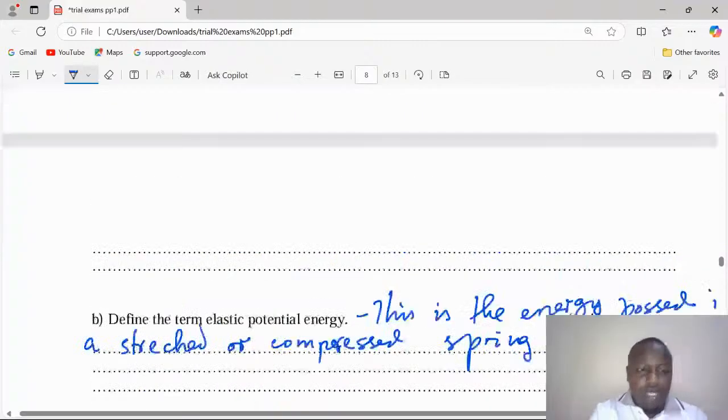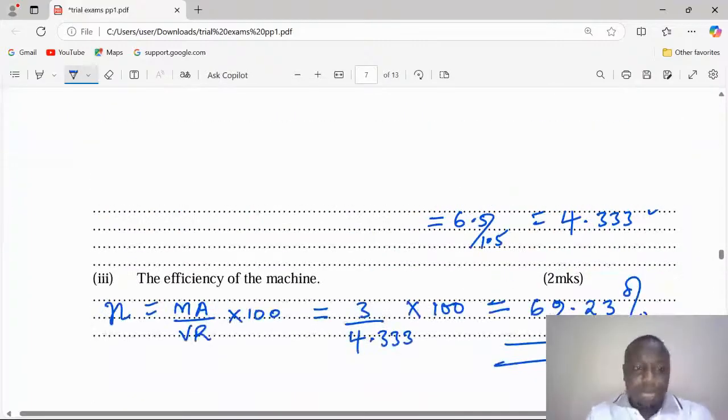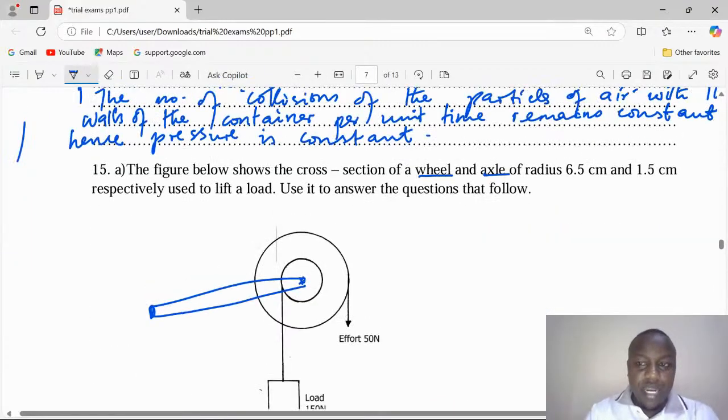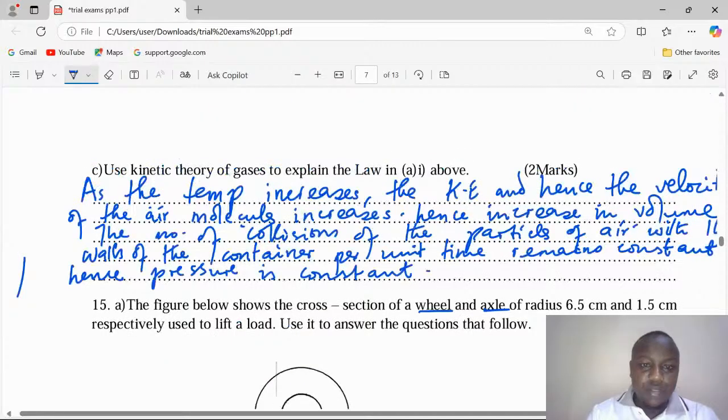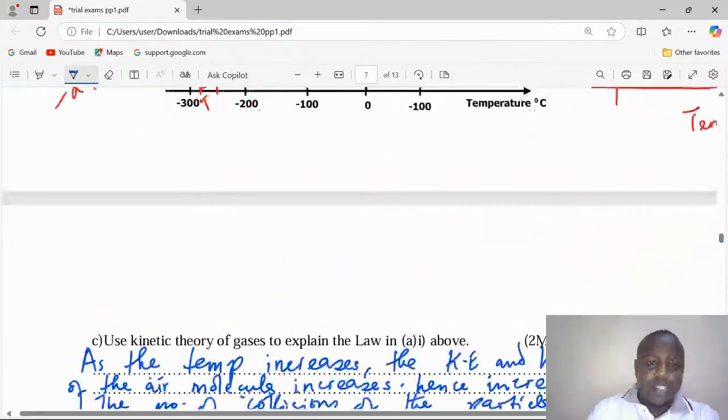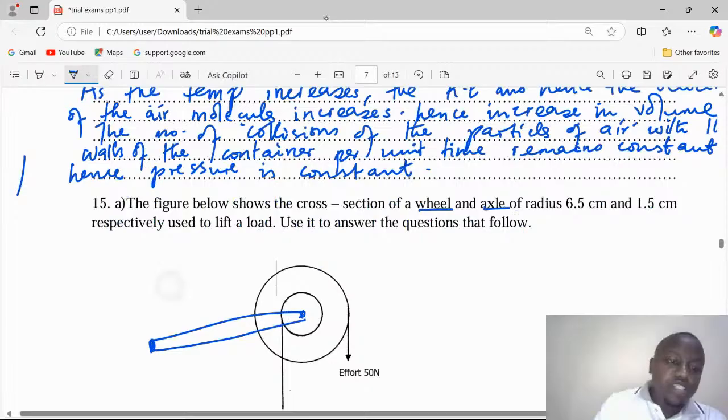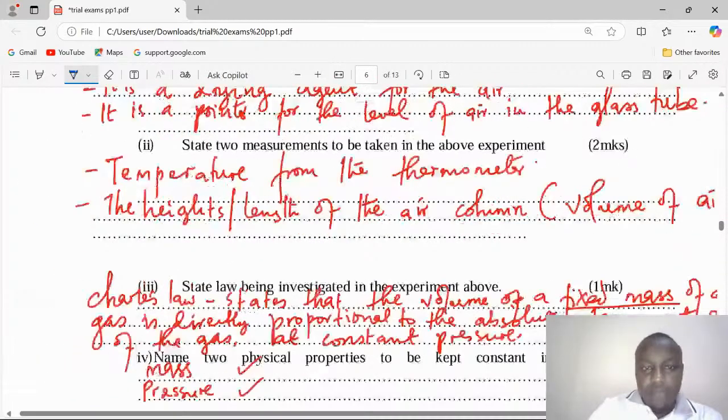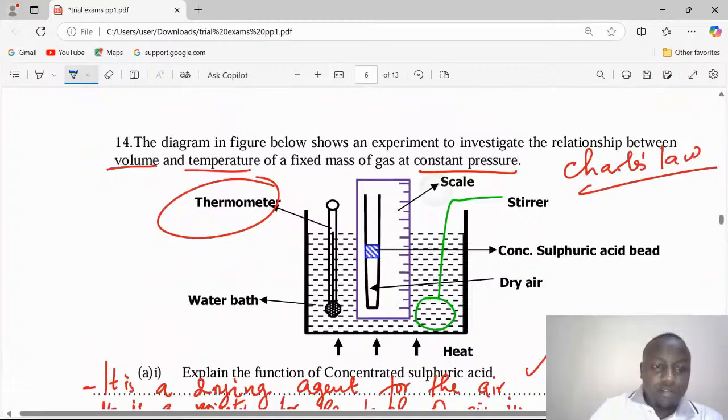Talking about machines together with energy: work, power, energy, and machines, Form 3. Up here we have gas laws, the last topic in Form 3 physics.